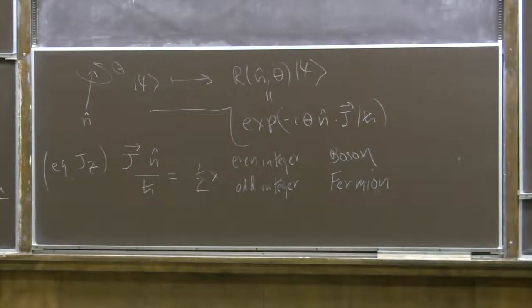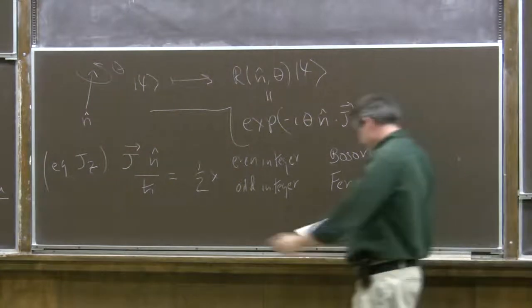So one way of appreciating the difference is to consider the effect of taking our particle and rotating it by 2 pi, which should have the effect of doing nothing, because a rotation by 2 pi brings it back to its original configuration.